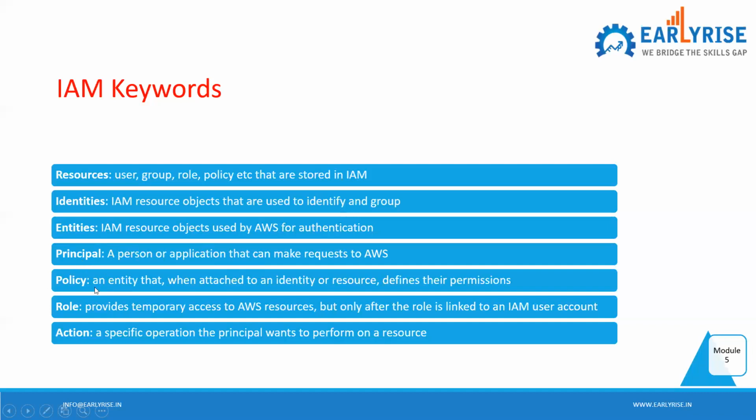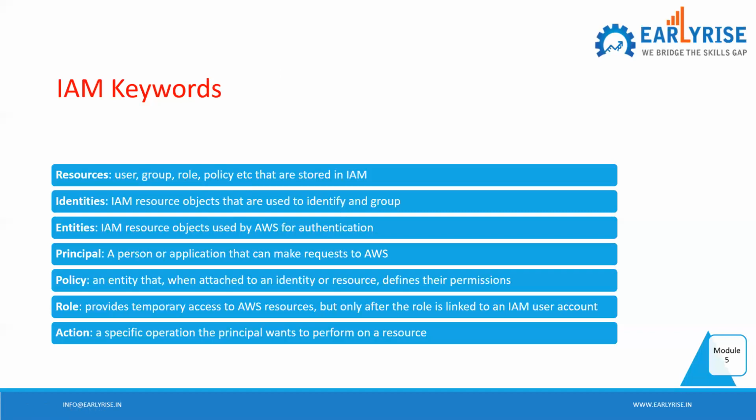So now policy, you have seen that policy, right? What is that policy? IAM policy, you heard, right? What is policy? First thing is, policy is a resource in IAM, right?